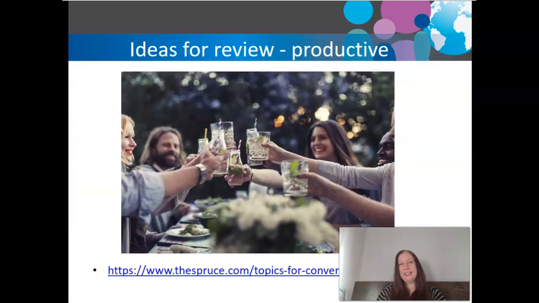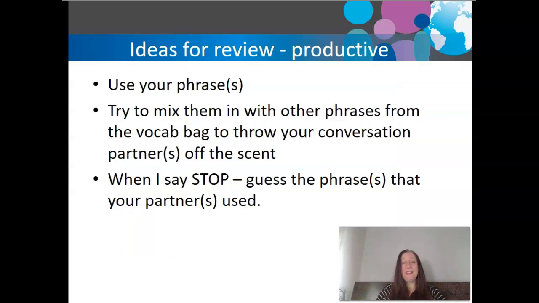Another one is a little game where they have to actually produce the vocabulary. So set up a scenario, for example at a party, and deal out the vocabulary cards to the students.